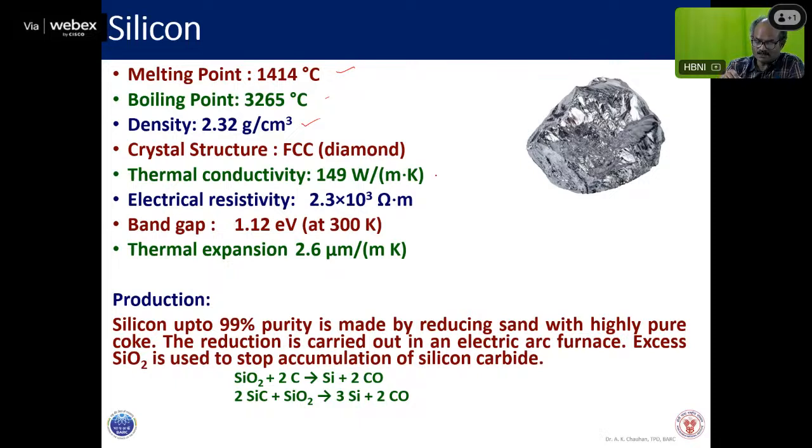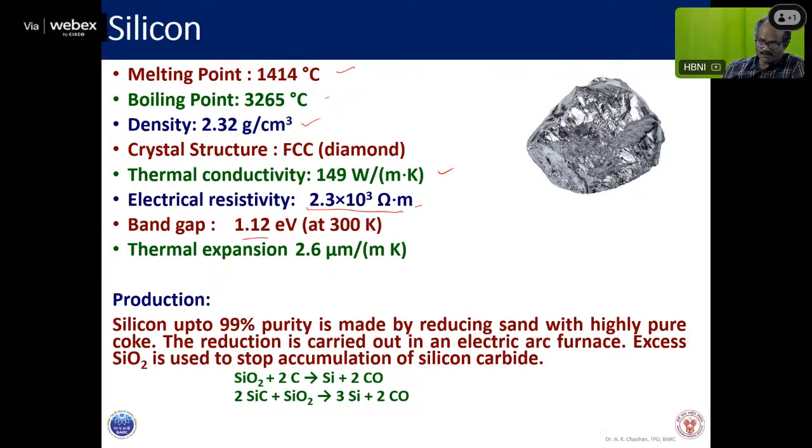The thermal conductivity is nearly 149 watt per meter Kelvin. Electrical resistivity is also not very high. If you see these values, this falls under the semiconducting range only. The band gap is 1.12 electron volt, and thermal expansion is approximately 2.6 micrometer per meter Kelvin.